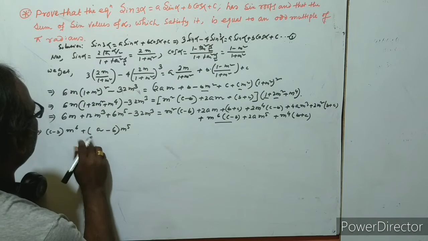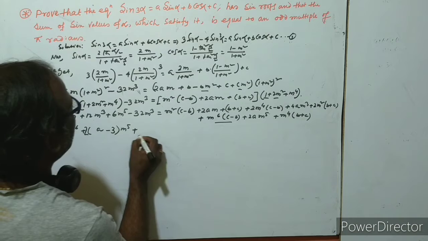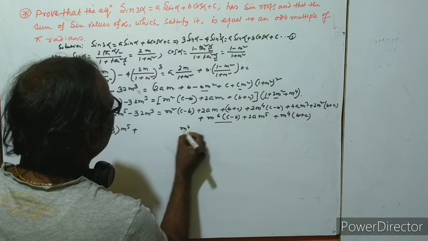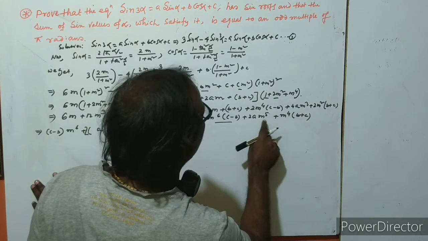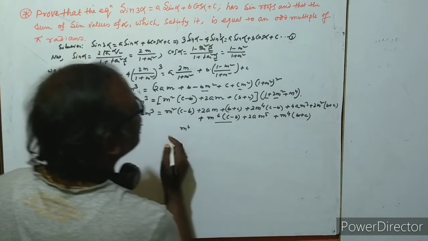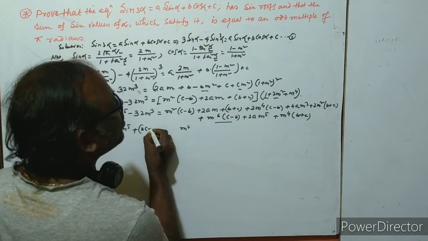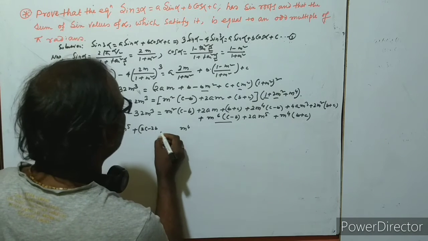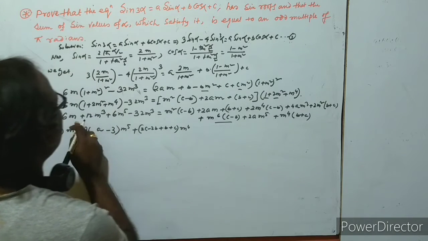So take a common here and write 3, and now m to the power 4. Look here, this is 4 and 4 here. So 2c − 2b and b + c.